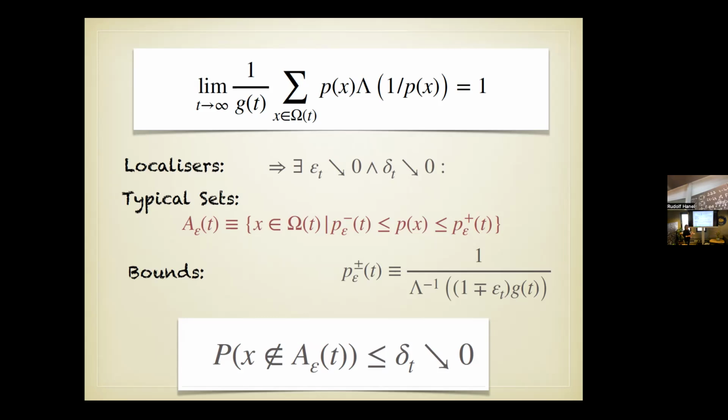You can let epsilon go to zero more quickly or more slowly, which has an impact on the typical set, so it is not uniquely defined. But you can choose any, so you have some freedom. Many of these things here are not uniquely defined. It's not a bad thing.